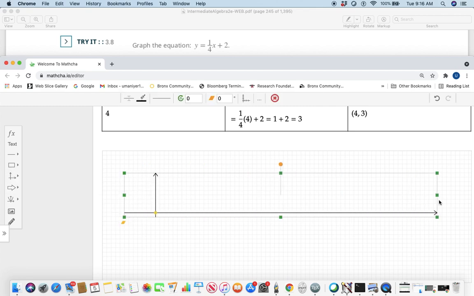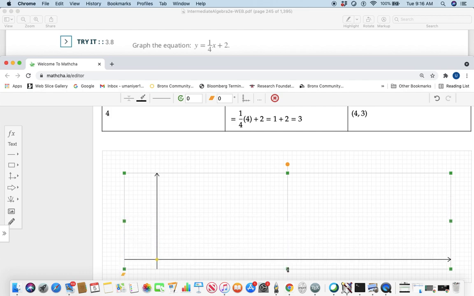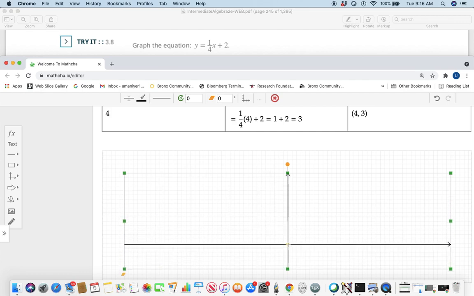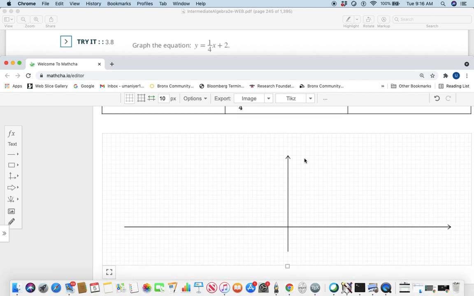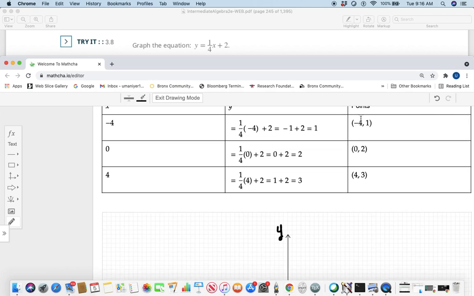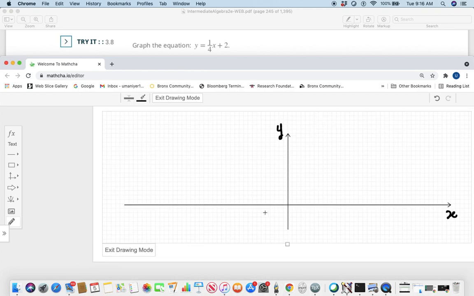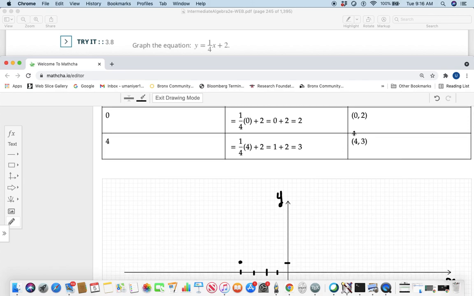Get your x and y axis. Alright, and okay, the first point is -4, 1. So on the x-axis, you are -4, and on the y-axis, you are at height 1. So this combined with this is here. 0, 2.